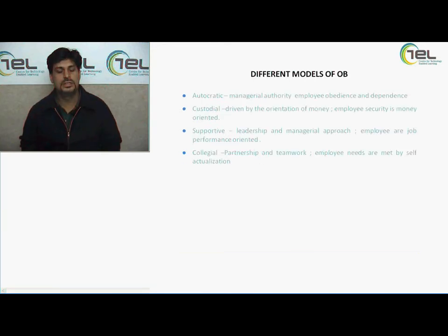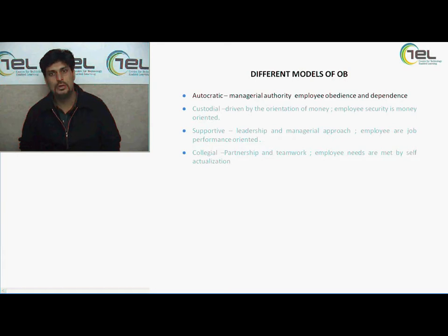We'll move ahead with this aspect of the organizational individual studies, where we are looking at different models of organizational behaviors, which means over and above the two characteristic factors which we have seen, the inherited and the learned characteristics, in situational circumstances, what is it that affects and influences the people?